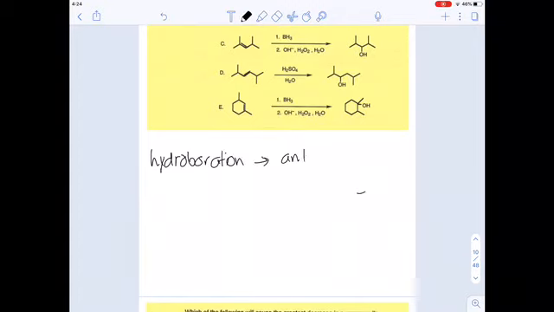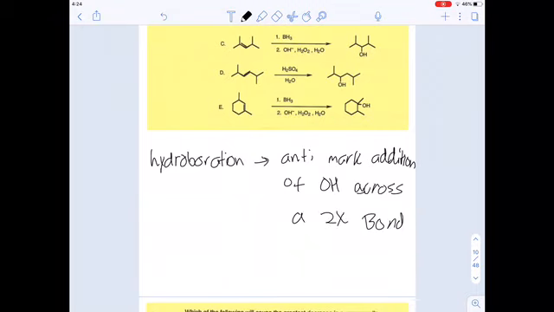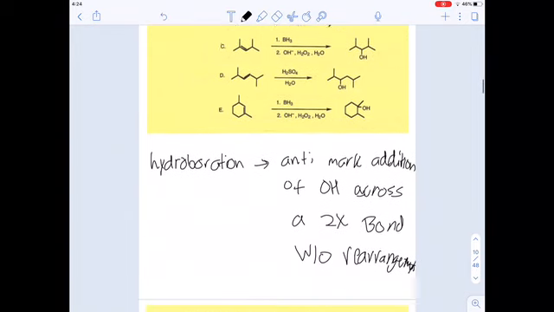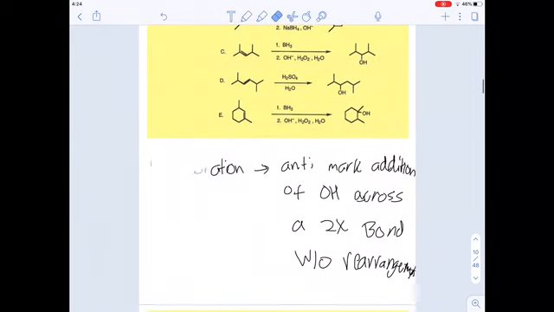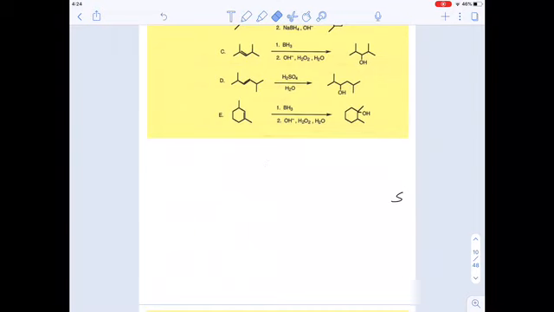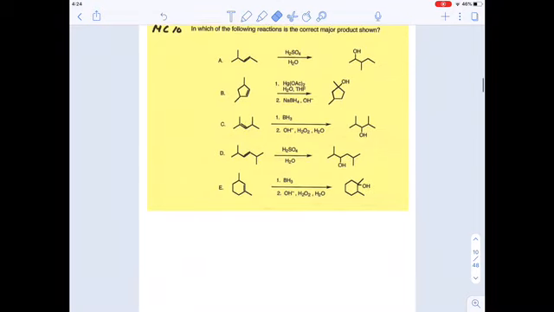So, hydroboration: anti-Markovnikov addition of OH across a double bond without rearrangement. I can't fit it, but you know. Okay, now we'll start the actual question.